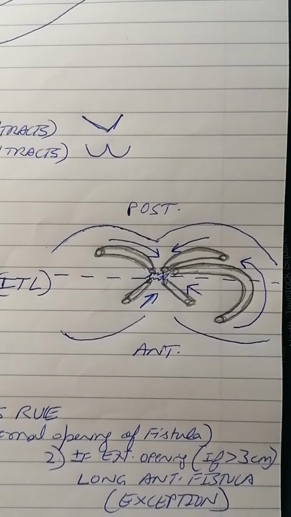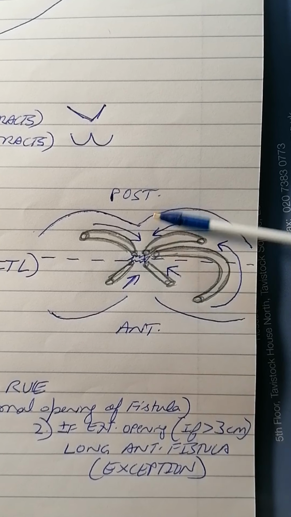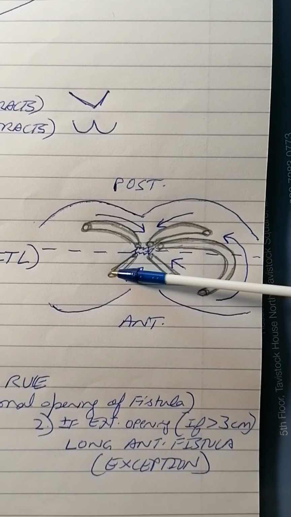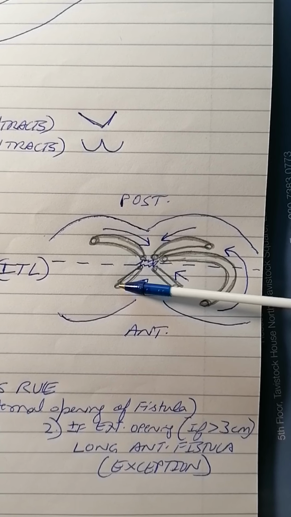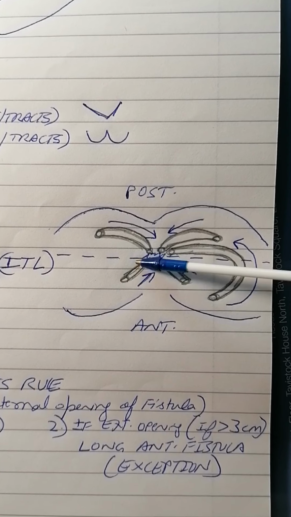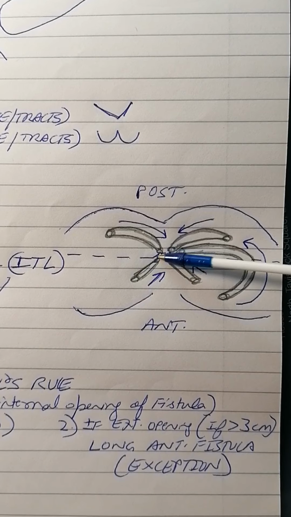Same thing over here. Suppose this is the back of the patient, this is the anterior of the patient, in prone position. If the external opening is anterior to this imaginary line, then the internal opening somewhere near the anus would take a straight path.